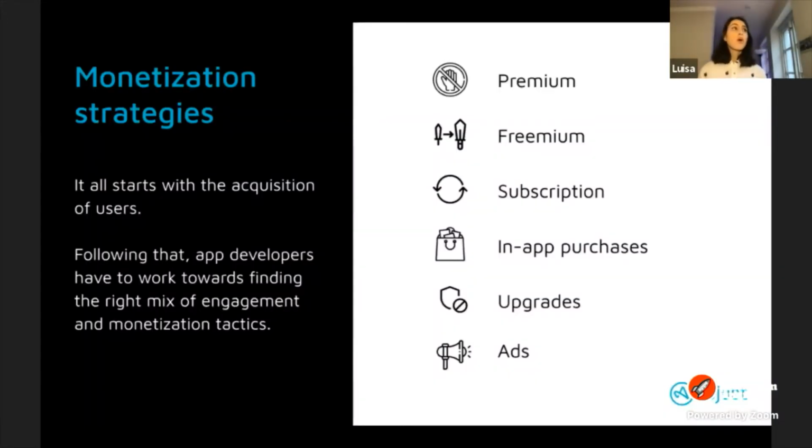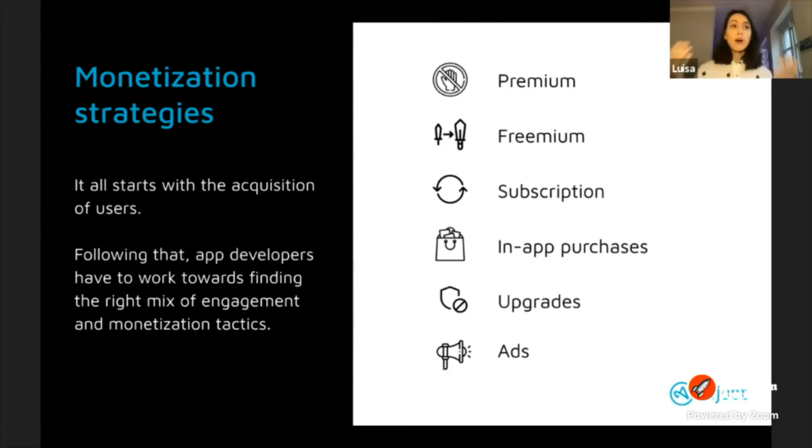So it always starts with having valuable users for you. If you acquire valuable users, you can use this and make money in several different ways. And just to talk a little bit about each one of them, to explore, because you as a marketer can also combine different ones and just see whatever works best for your users and for your company. The premium is the monetization strategy where you block access unless someone pays for it.